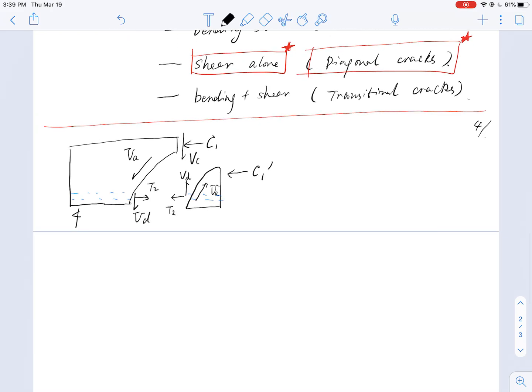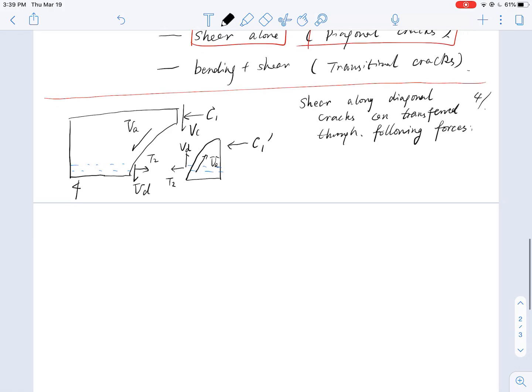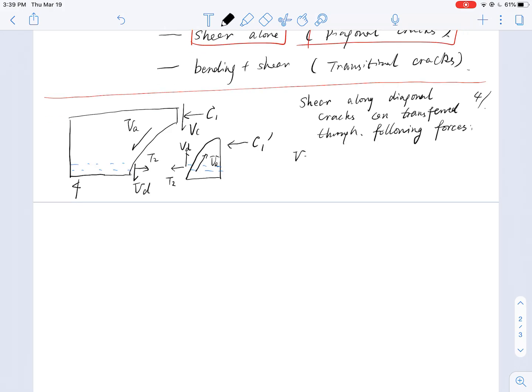Now let's name some names. So shear along diagonal cracks can be transferred through the following forces. Which are VCY.